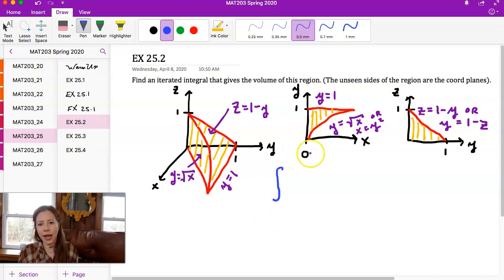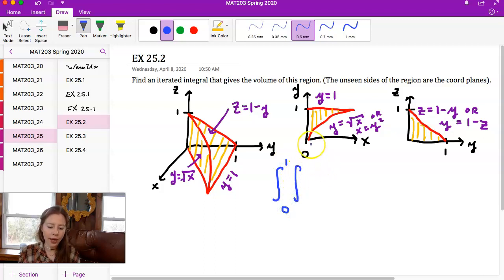So based on x, our bounds are going from 0 to 1 for x, right? Because if we're limited by y equals 1, then x max here in this case is going to be 1. So we're going from 0 to 1.